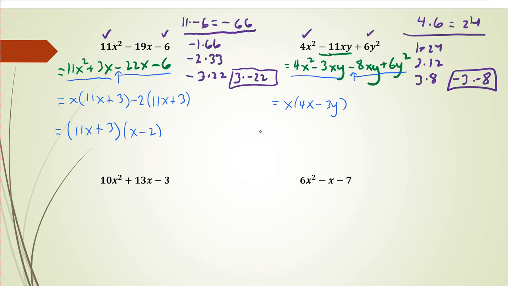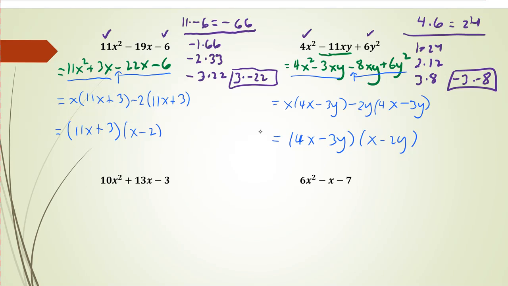And then in the second two, I have a negative first term, and then I notice a 2 and a y. So that is going to give me 4x minus 3y as well. And so as I finish factoring, I get 4x minus 3y and then x minus 2y. Notice that the middle of this had xy, but it didn't matter. We just rewrote it with xy and xy, and then it allowed us to factor.